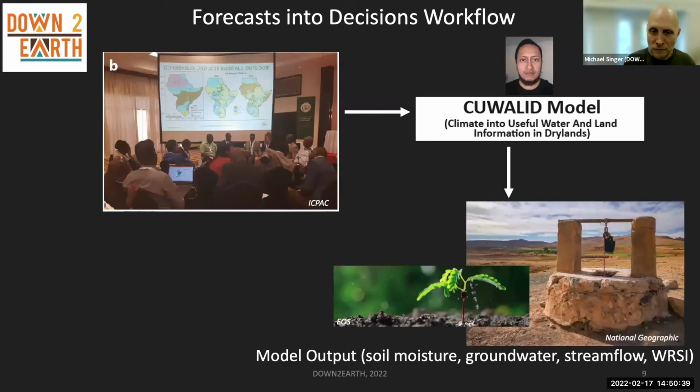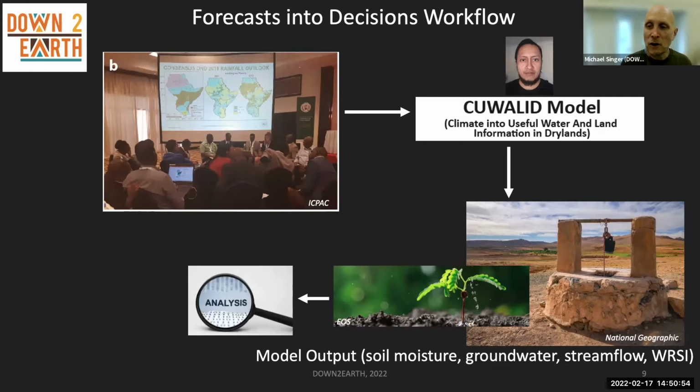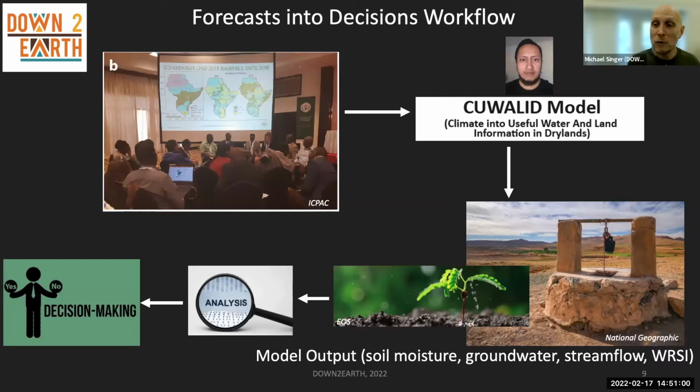Next slide. And then that model would generate outputs on soil moisture, groundwater, stream flow, water requirement satisfaction index, and other variables of interest. Next. Those variables could be analyzed by decision makers, and next, and ultimately decisions could be made based on this. So that's the idea that we have here overall.